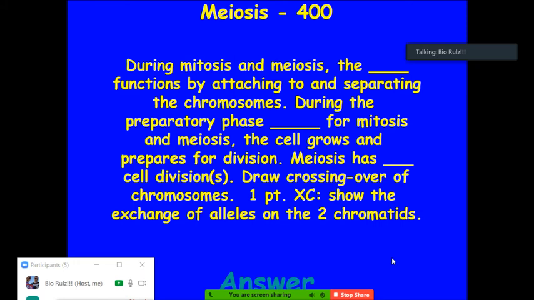Meiosis has blank cell division, or is it more than one cell division? Draw crossing over or recognize what crossing over looks like. And if you can identify what the exchange of alleles is on those chromatids that cross over, you're a rock star.